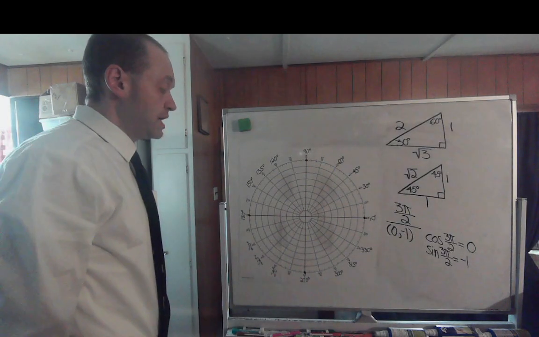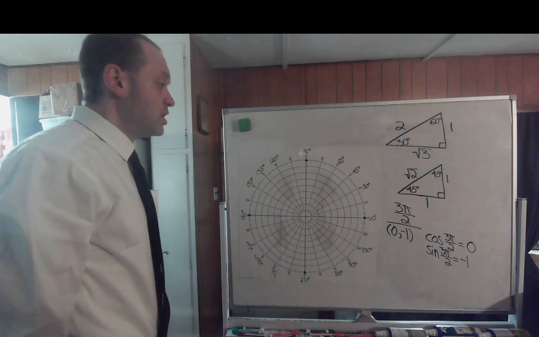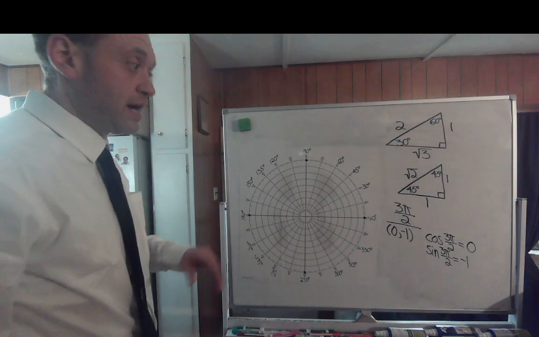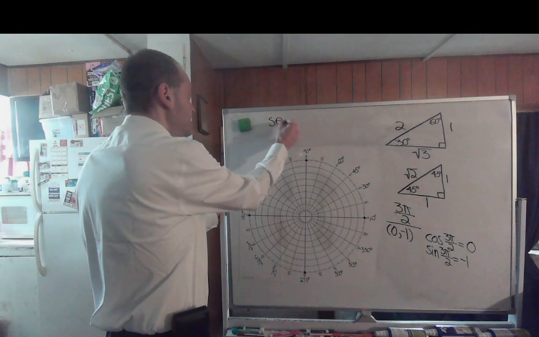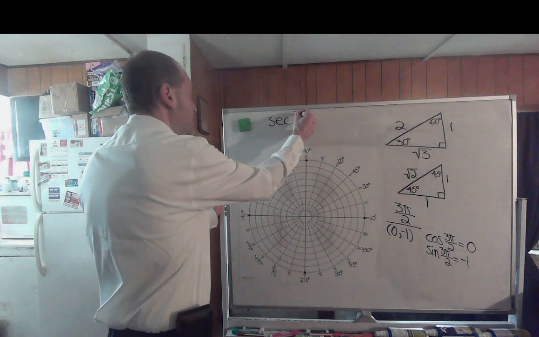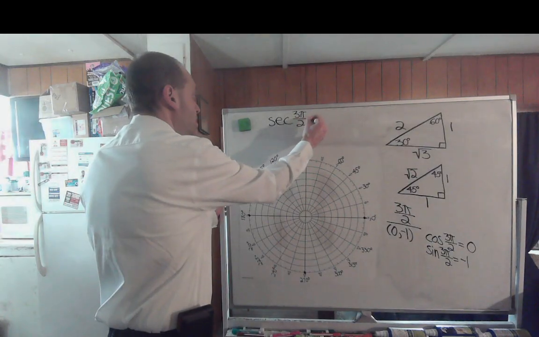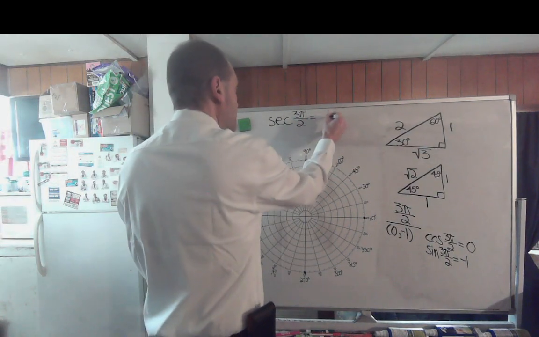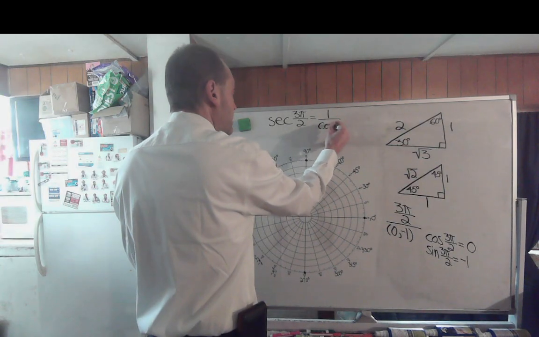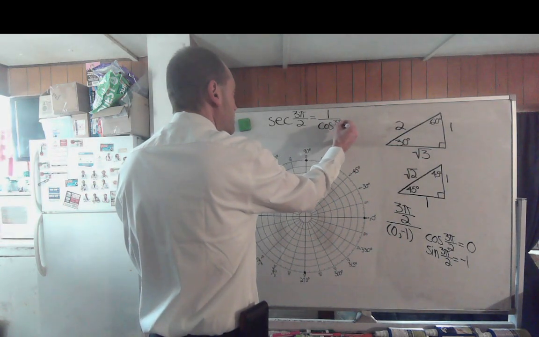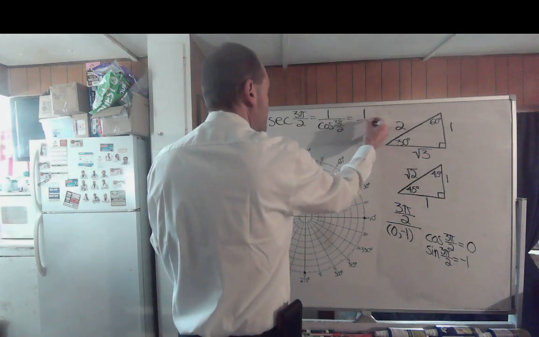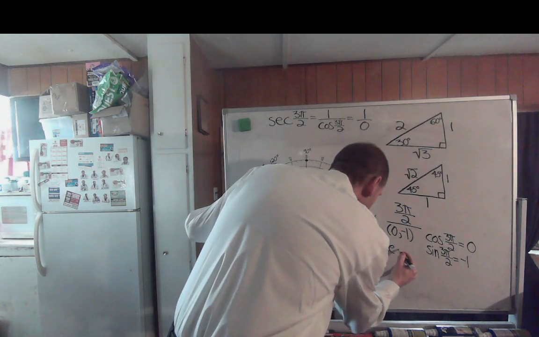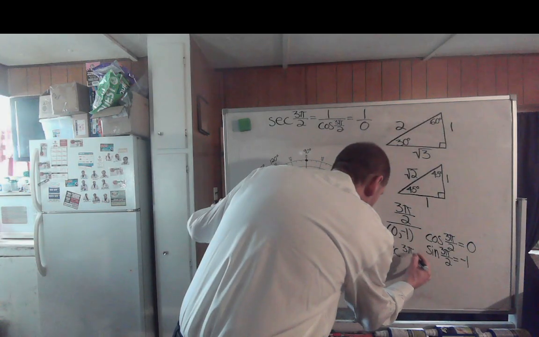Okay, so now we can go from here and find our special values. So we find the other 4 functions. So the secant of 3 pi over 2, well, that's just equal to 1 divided by the cosine of 3 pi over 2, right? Well, that's just going to give you 1 over 0, which is undefined. So the secant at 3 pi over 2 would actually be undefined.